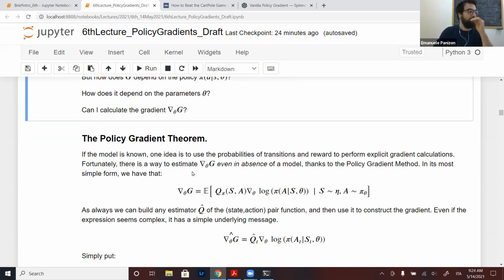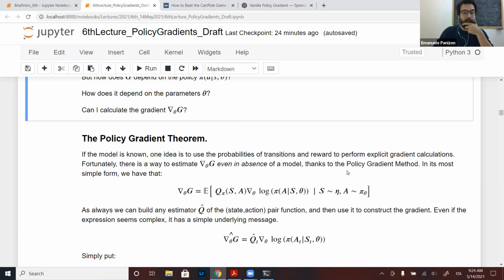But that is always a bit complex and needs perfect knowledge of the model. Fortunately, there is a way to calculate this gradient even in the model-free case, which is where we are going now.